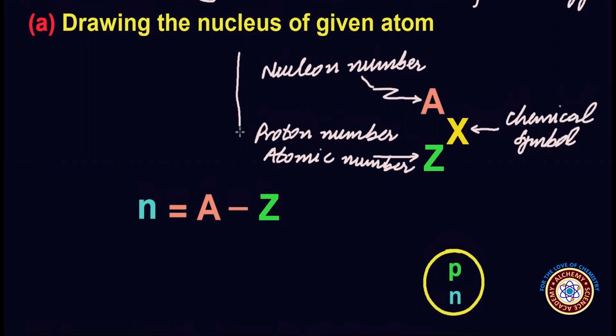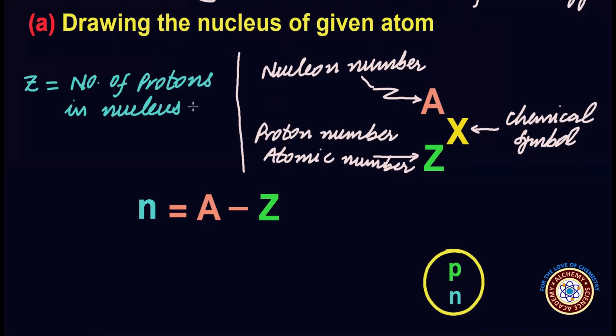Now how many protons will be there in the nucleus of the given atom? That is given directly by its Z. So Z directly gives the number of protons in the nucleus of the atom.